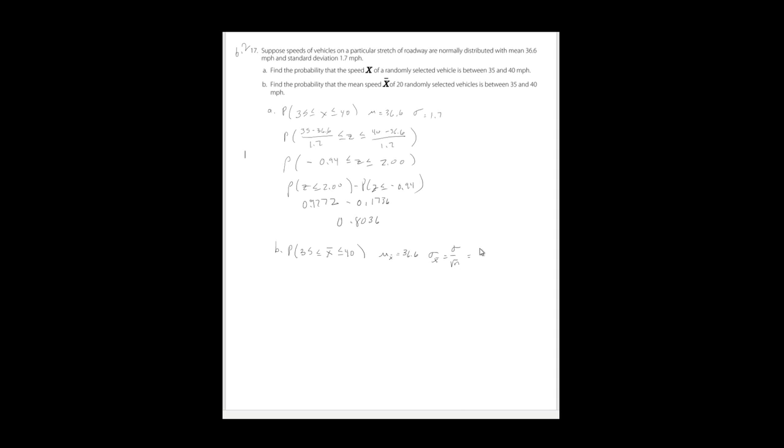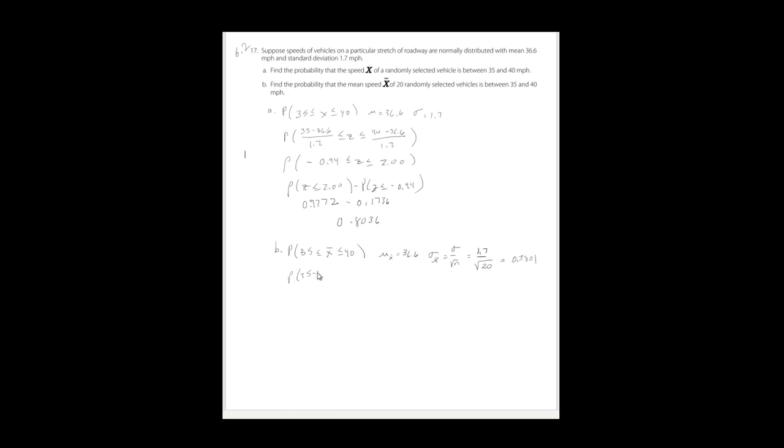So we have the standard deviation divided by the square root of, what was our size there, 20? Which is going to give us 0.3801.